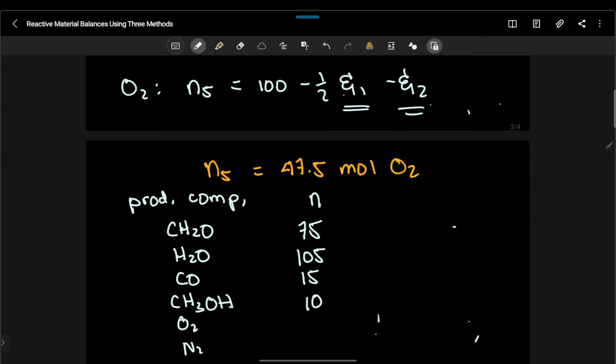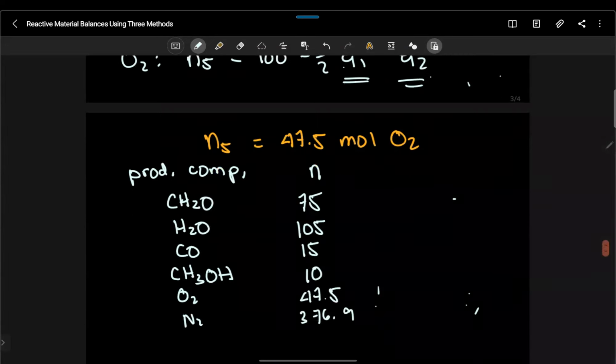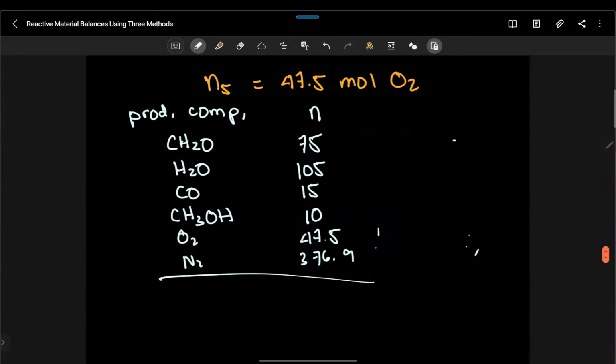Oxygen is N5, and that is, we solve it na, ilan? 47.5. And finally, si nitrogen is 376.9. And then you can calculate the percentages, okay? If you want. So yan yung ating product composition in terms of moles. So that is your extent of reaction method.